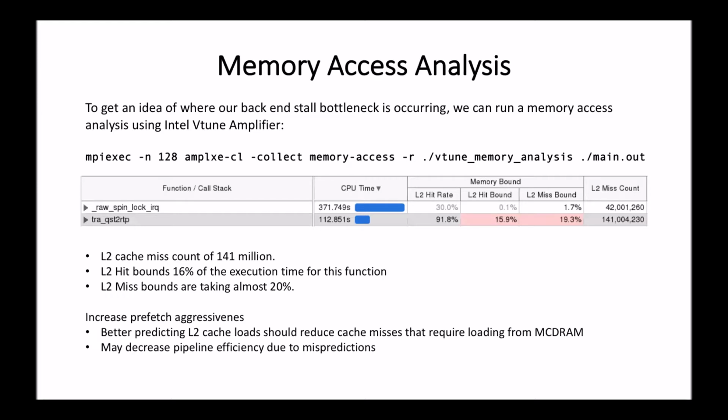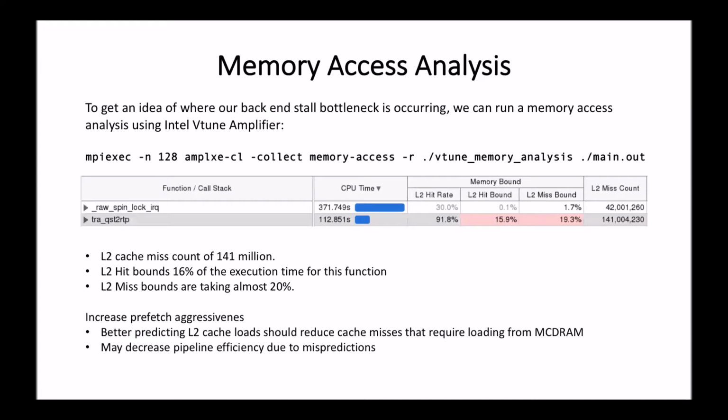One possible solution to this is that if we're L2 miss bound, that means we're not predicting, and we're having to go out to MCDRAM because we're not predicting memory loads properly. So if we increase prefetch aggressiveness, we might be able to reduce these cache misses by loading the needed memory into L2 in the pipeline a little more effectively.